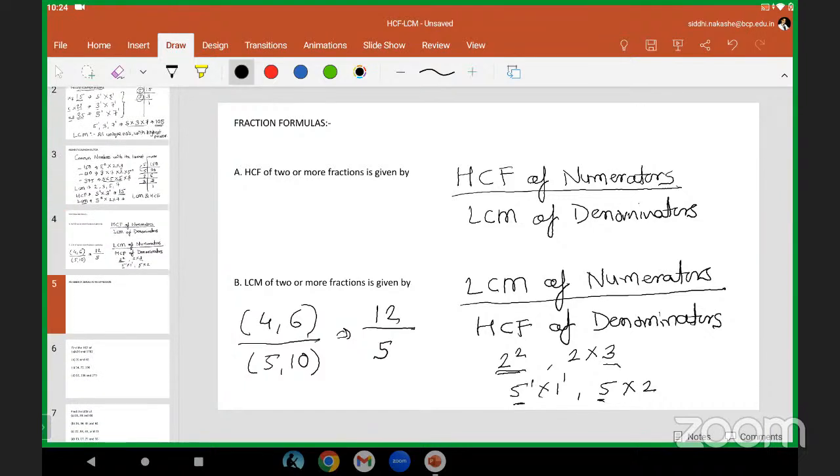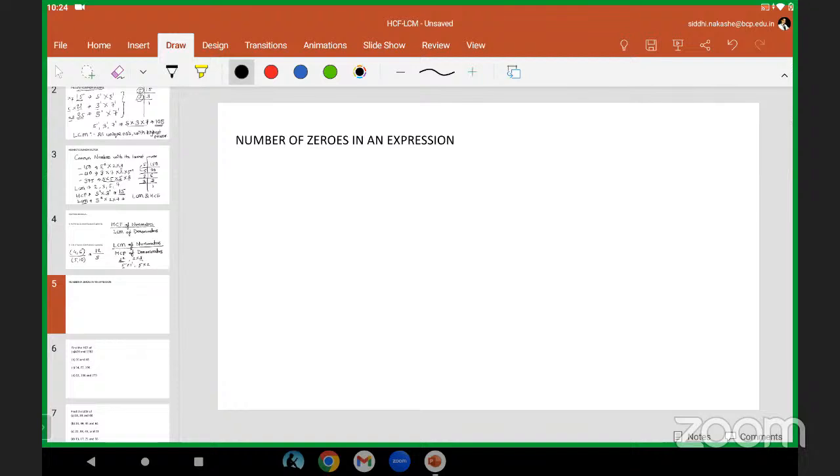Okay. So now moving forward, there is one more topic. This doesn't come into HCF and LCM, but this is something which is necessary, because there are multiple questions based on the number of zeros, or they would ask you a question like number of trailing zeros. Always they ask questions in terms of how many zeros are there in 47 factorial, or maybe 96 factorial.